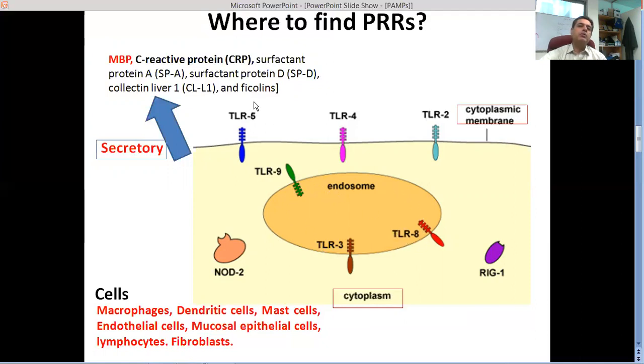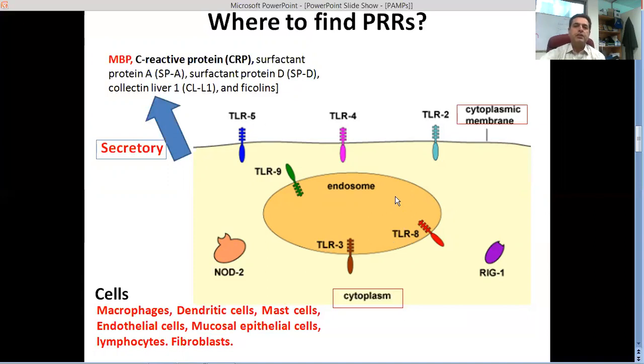When the pathogen is phagocytosed and the membrane is surrounded around that particular pathogen, that structure is an endosome, a phagosome. So inside that phagosome, you can find these different toll-like receptors for the recognition of that particular pathogen.